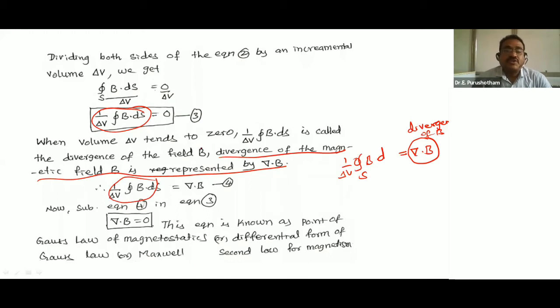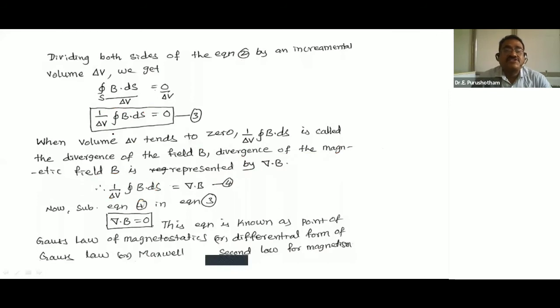Substituting, you observe here, the left side in equation 3 and the left side in equation 4 are both the same. So we can write equation 4 in equation 3: del dot B is equal to 0.